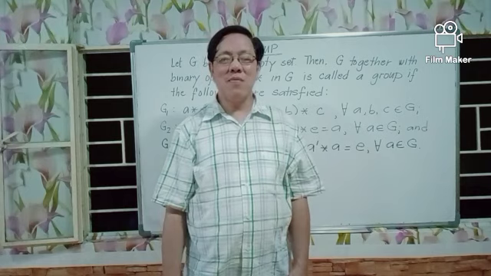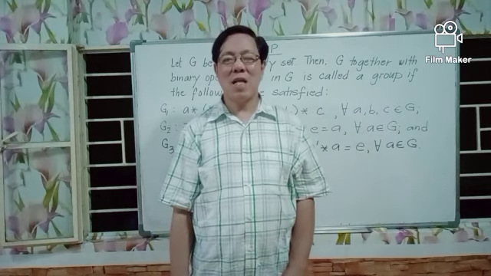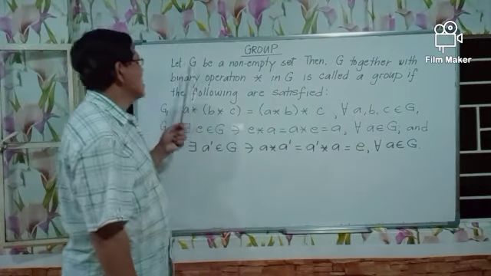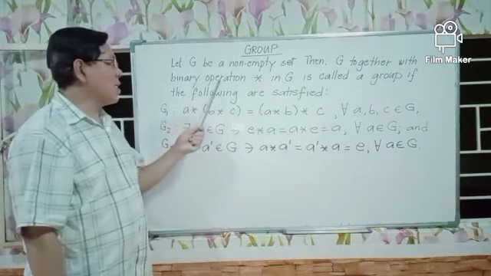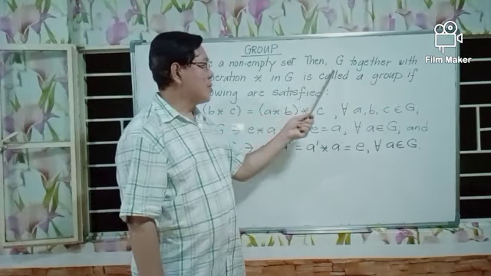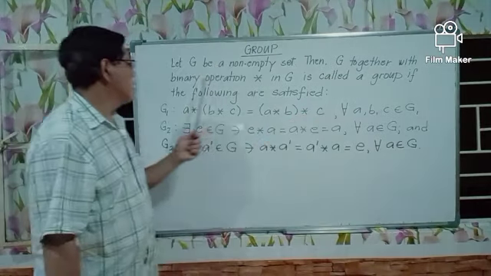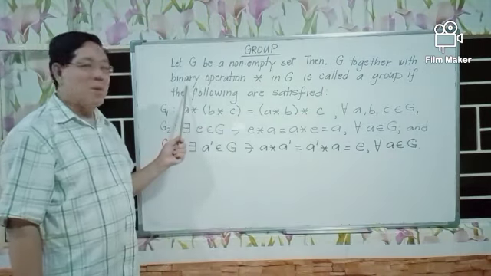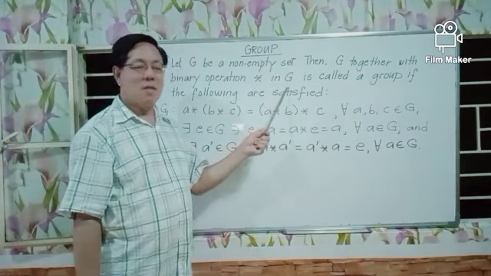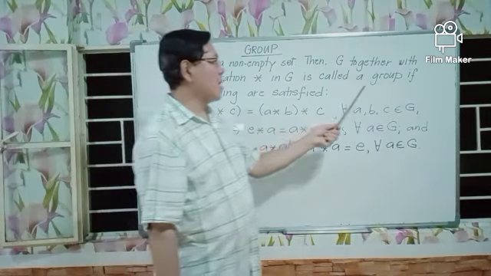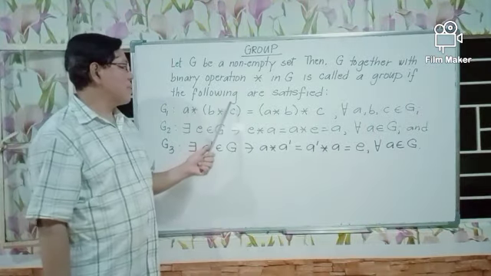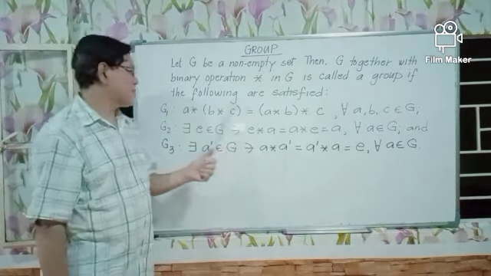We now formally define group as an algebraic structure. Let G be a non-empty set. Then G together with the binary operation star in G is called a group if the following are satisfied.